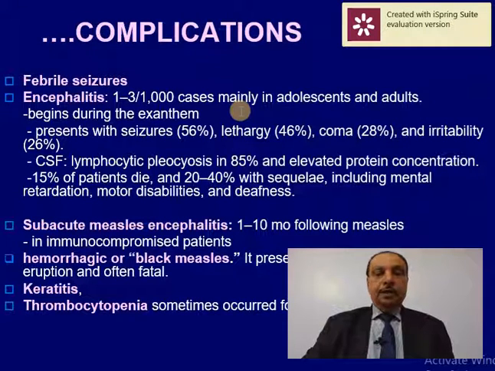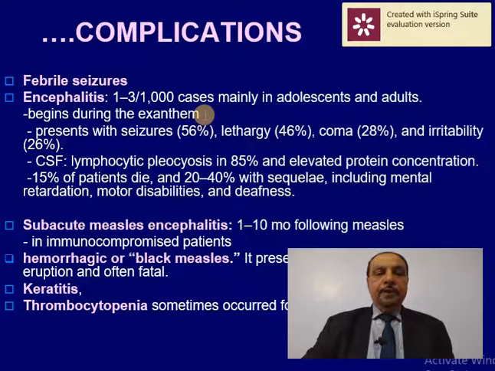So encephalitis will be 1 in 1,000 cases, mainly in adolescents and adults. It begins during the exanthem, this means during the rash, and presents with convulsions, lethargy, coma, and irritability.